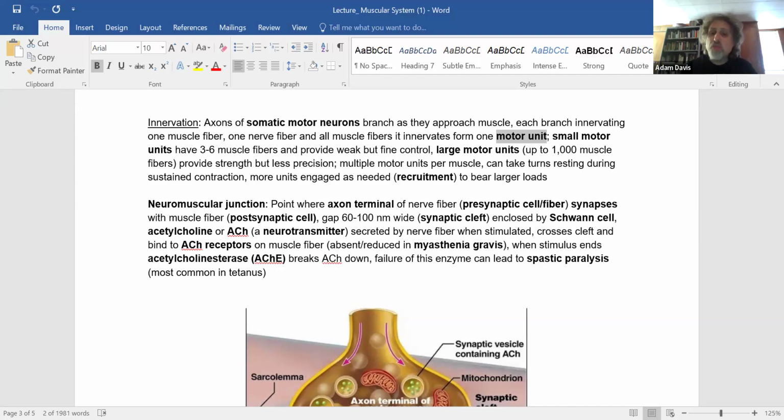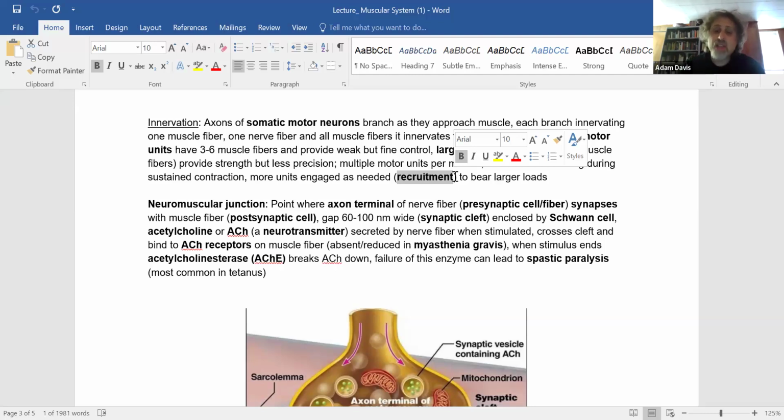That's called recruitment, the process by which our muscles engage motor units one by one by one until we have enough power to do the job that needs to be done. That does two things. One, it allows us to conserve energy by not engaging more than we have to.